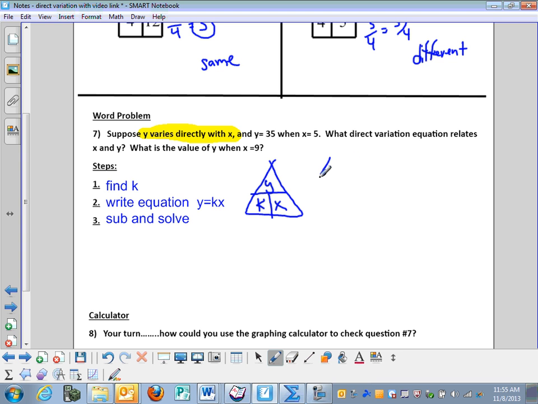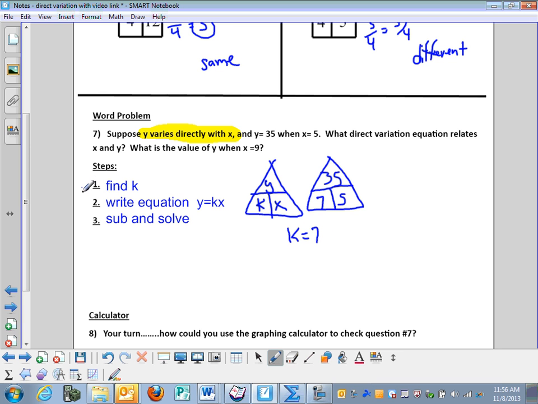Now I'm going to find k, so I'm going to draw my triangle, and I'm going to fill in what I know. And it says y is equal to 35, and x is equal to 5. So 35 divided by 5 is 7, so k is equal to 7.